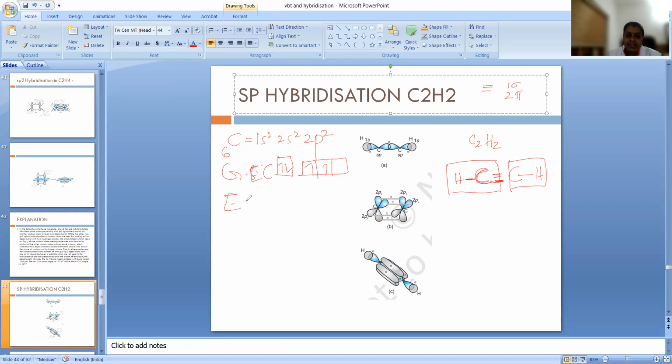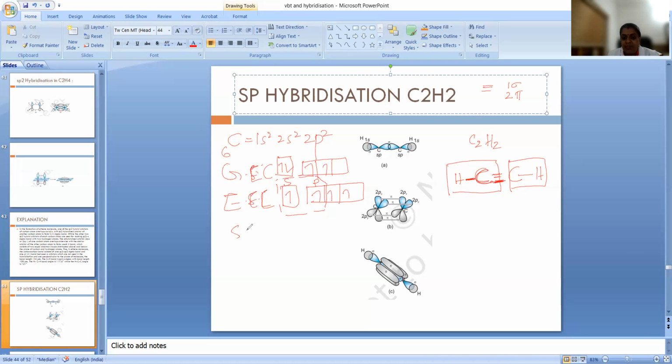Now let us see the excited state electronic configuration. So it will be like one electron here, and then one electron excited. But how many do we need? Two sigma bonds we need here. So what will happen? One S and this P only will overlap, because we need only two hybridized orbitals.